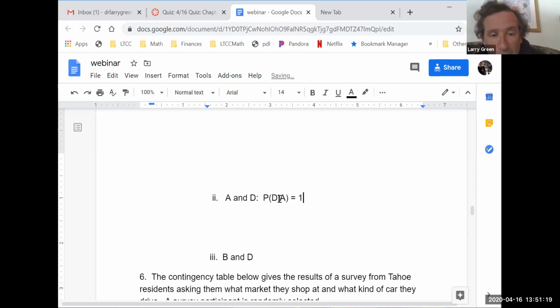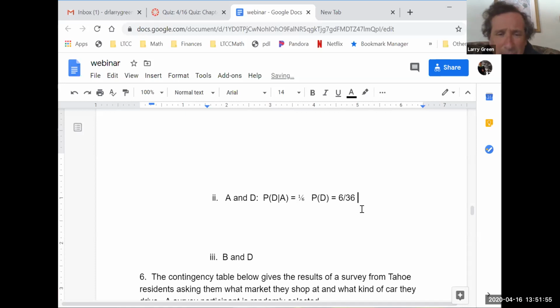There's only one way of that happening out of 6 possibilities for that second die. Whereas the probability of D, that means that the sum is a 7. So you've got to count the 7s. We could have a 1, 6, 2, 5, 3, 4, 4, 3, 5, 2, and 6, 1. There's 6 different ways for that to happen. And we already saw that there were 36 different paired dice rolls.